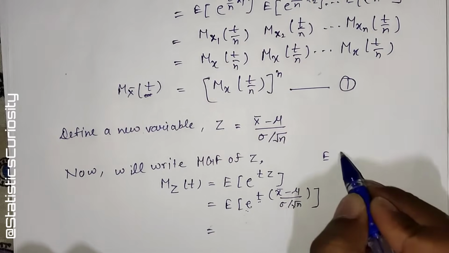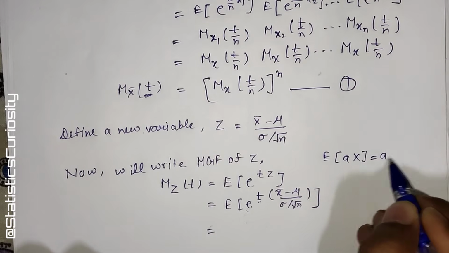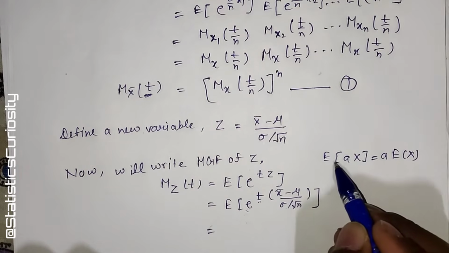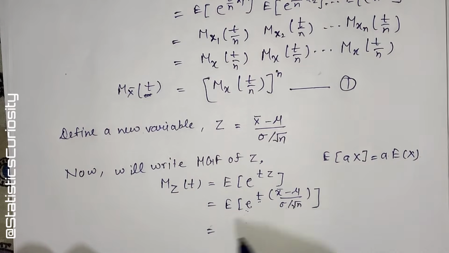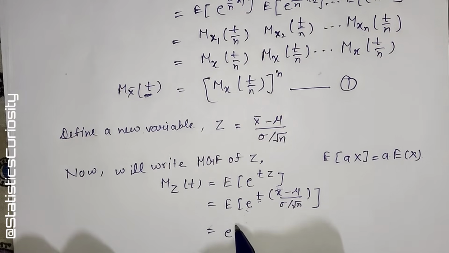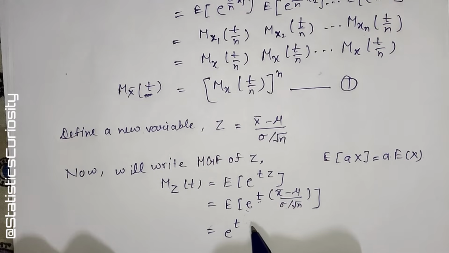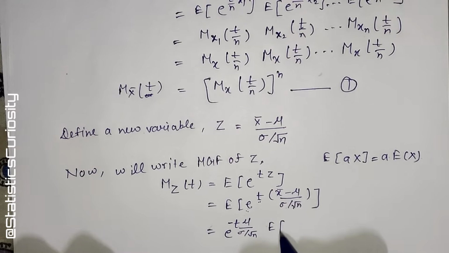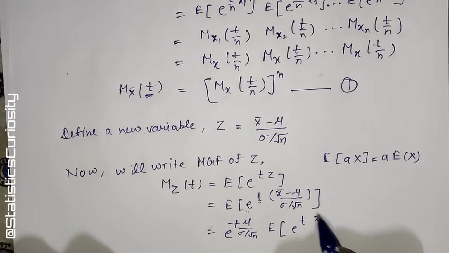We all know expectation of aX is a times expectation of X, so that a can be written outside the expected value. So we can write e raised to the power t times minus mu divided by sigma under root n, and inside the expectation there will be e raised to the power t X bar divided by sigma divided by under root n.